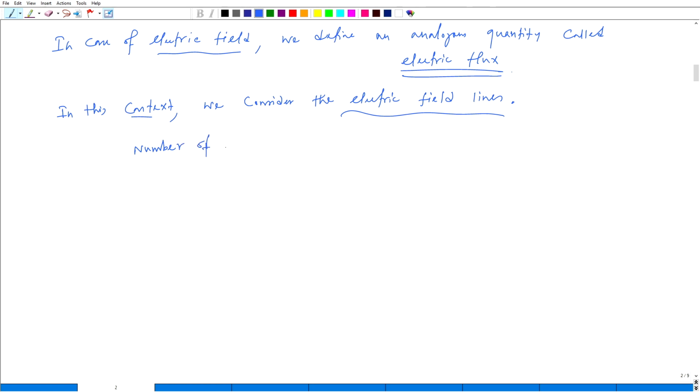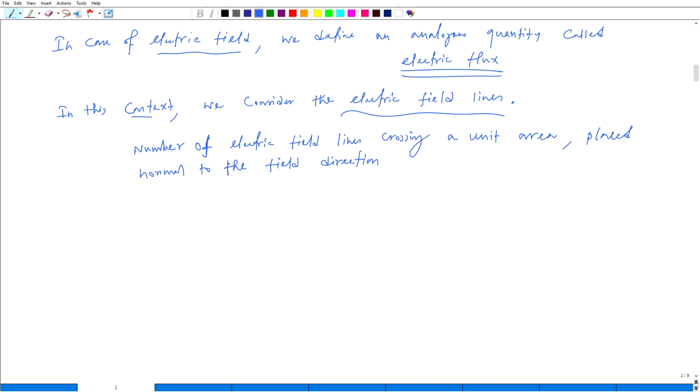The number of electric field lines crossing a unit area placed normal to the field direction, similarly as before, at a point where we place this surface or the volume, is a measure of the strength of the electric field at that point, okay.